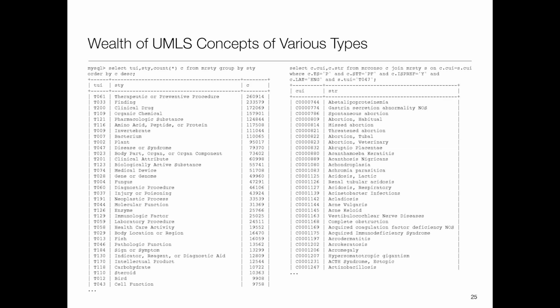There are 233,000 findings, 172,000 drugs, organic chemicals, pharmacologic substances, amino acid, peptide, or protein, invertebrate. So the data does not come only from human medicine, but also from veterinary medicine and bioinformatics research and all over the place. But you see that these are a useful listing of appropriate semantic types that you can then look for in such a database.